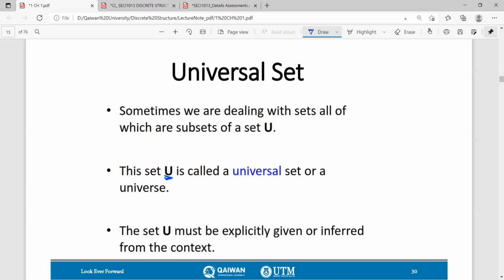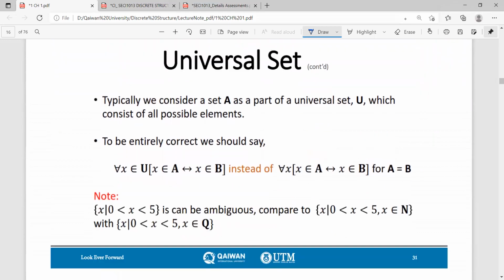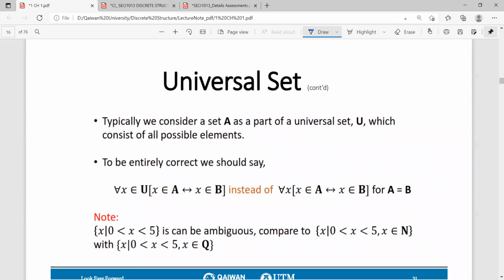U is called the universal set. We say all the sets, let's say you have set A, it must be a part of the universal set. That means A is a subset of the universal set. All the other sets must be subsets of the universal set.